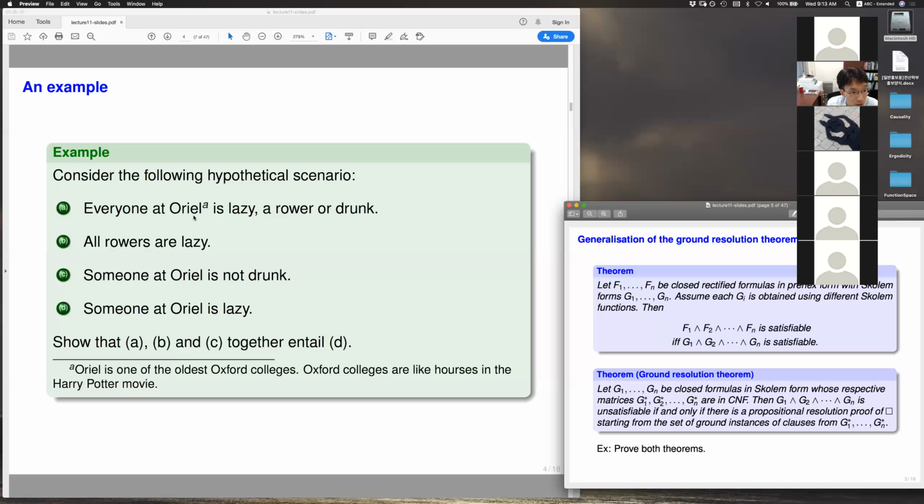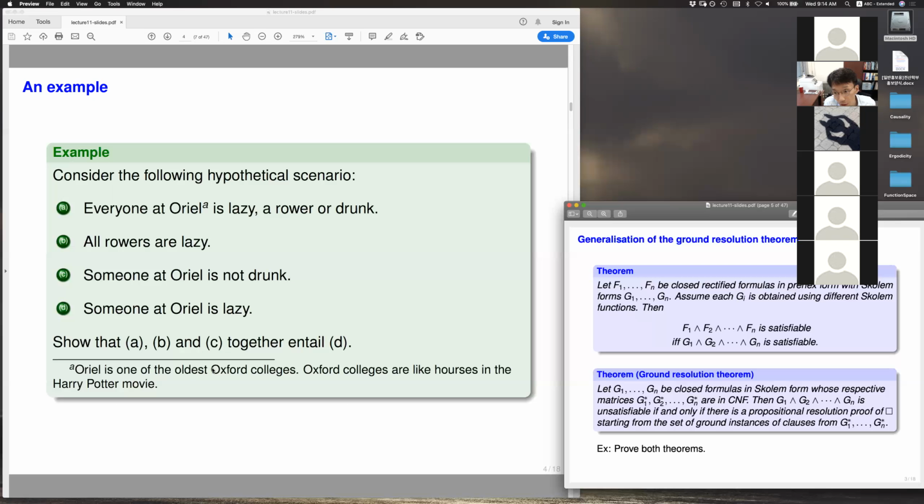The second statement says all rowers are lazy. The third says there is some person in Oriel who is not drunk. And the last one says there is some person in Oriel who is lazy. What we want to prove is that A, B, C entails the last statement D.